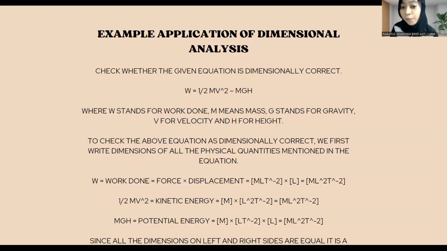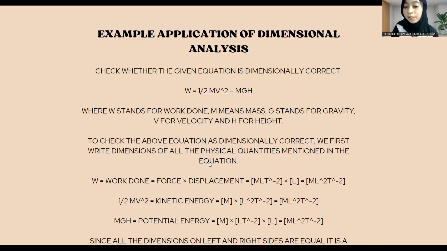To check the above equation as dimensionally correct, first we write the dimensions of all the physical quantities mentioned in the equation. For work done, the formula of work done is force times displacement.